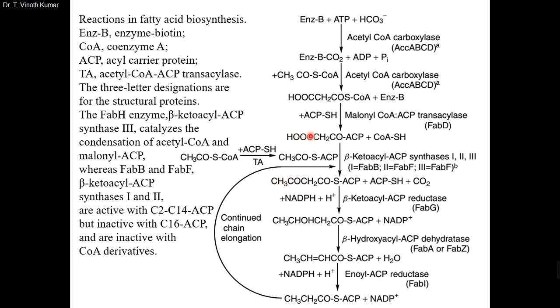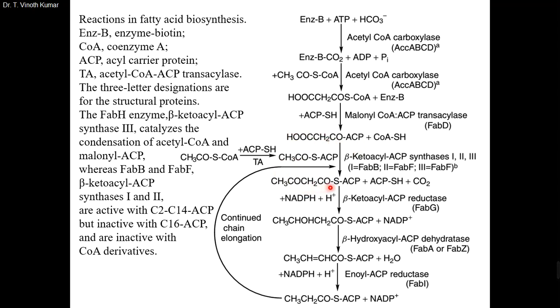That is why this carbon dioxide is liberated. So in this place the remaining part is CH2CO ACP. This CH3CO is going to be attached, and after the removal of carbon dioxide, the remaining part is CH2CO ACP.